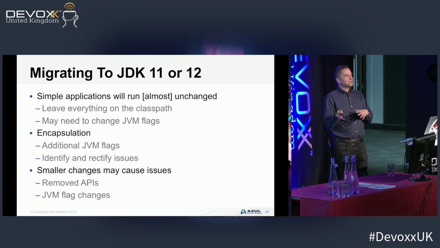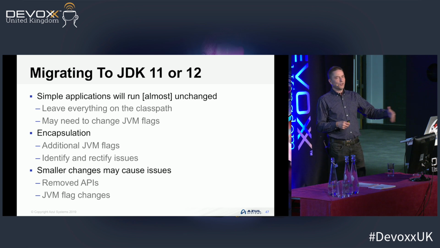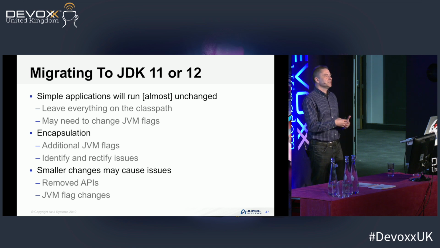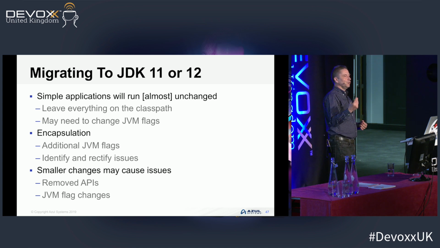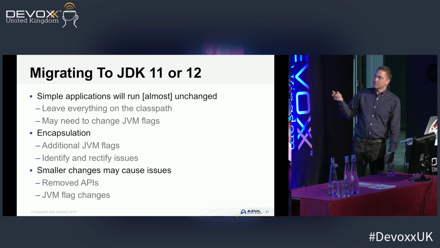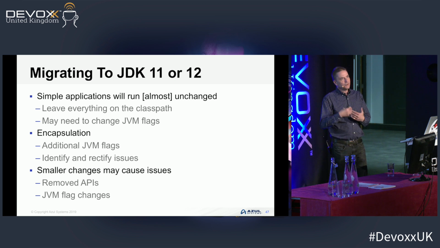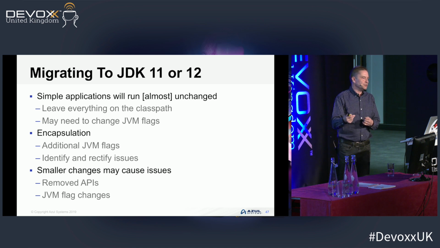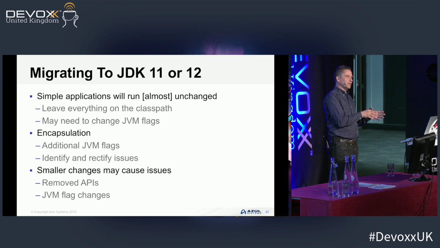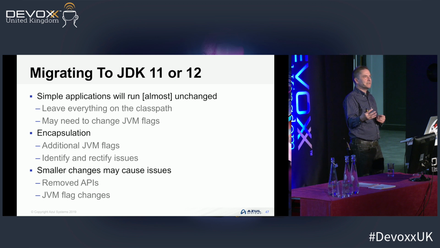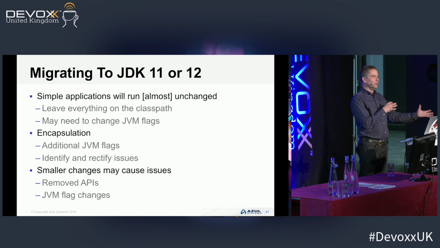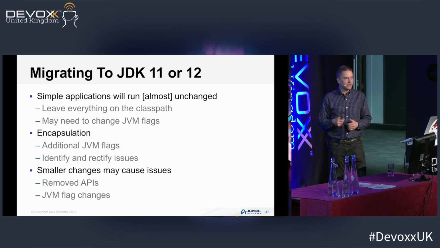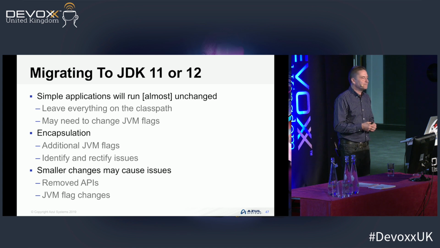You might have to make some changes to JVM command line flags if you started using some of the more unusual ones, or even if you've used things like some of the logging options. Encapsulation is potentially an issue. If you are using internal APIs, then you might need to make some changes to JVM flags for startup to enable access to them, or just leave everything using the big kill switch, and that will do the same thing.